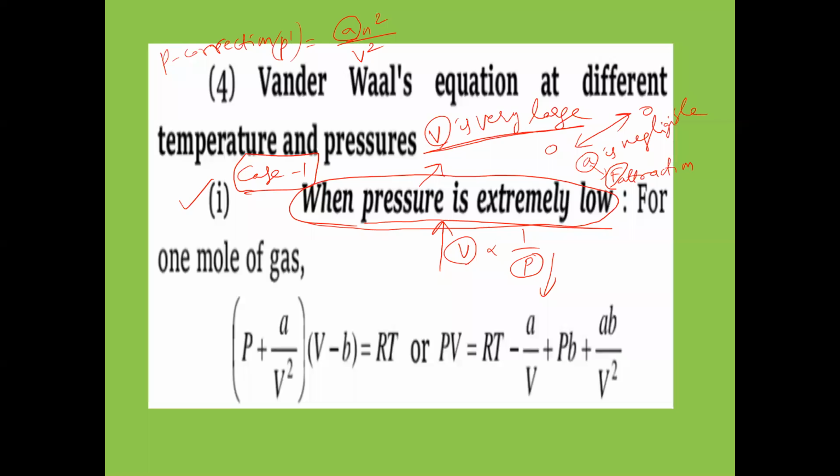Pressure correction and V square are inversely proportional, so when volume is very large, the pressure correction will be very less. That's why the pressure correction overall can be neglected.